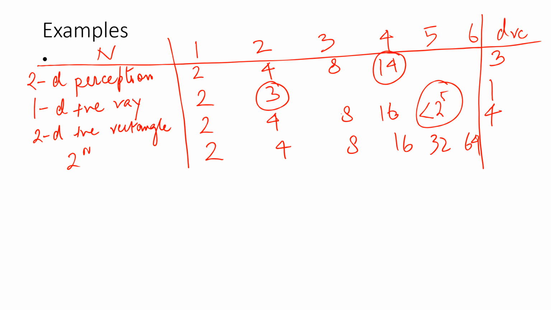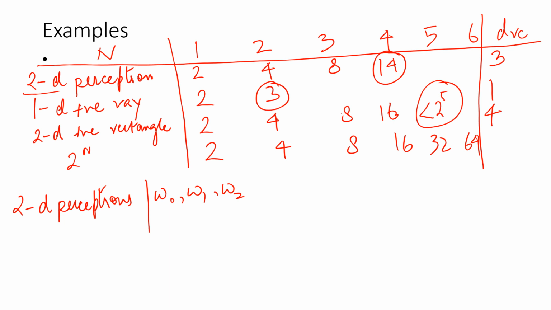Now, if you think about each of these hypothesis sets, for example, the 2D perceptron, the one-dimensional positive ray, and the 2D positive rectangle, what are the number of parameters that we need for the model? For example, the two-dimensional perceptron, the number of parameters for the model itself, right? So if you remember, there was this W0, and then W1, W2, the weights for the two-dimensional case, so that would be 3, right?